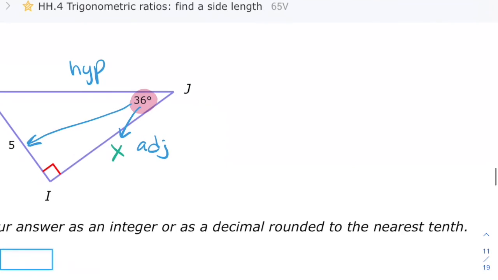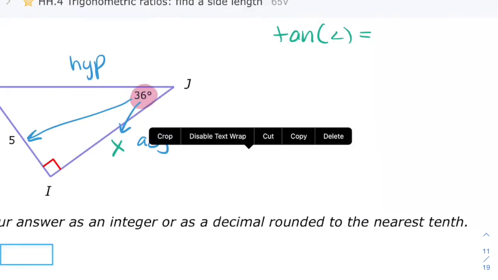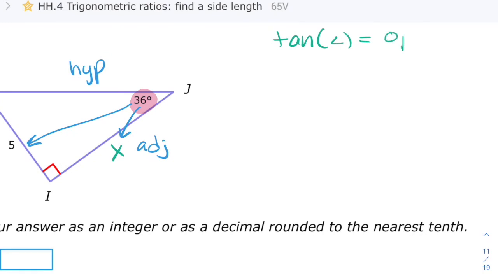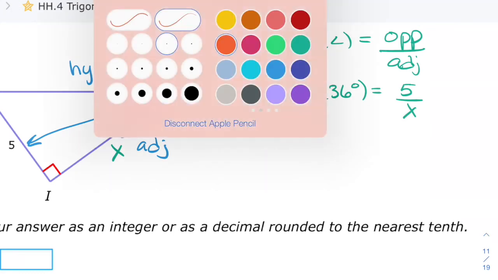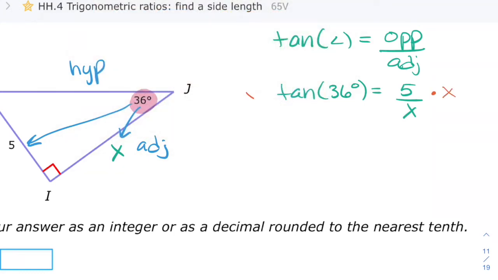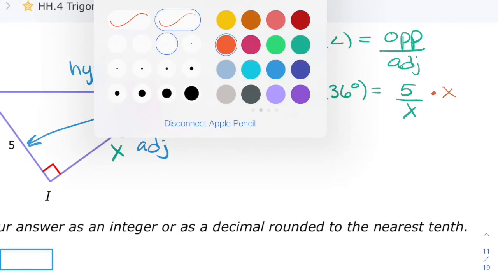Okay? So we're going to do the tangent of angle X. The tangent of the angle is opposite over adjacent. Tangent of 36 degrees equals 5 over x. Now multiply both sides by x to get it out of the denominator.